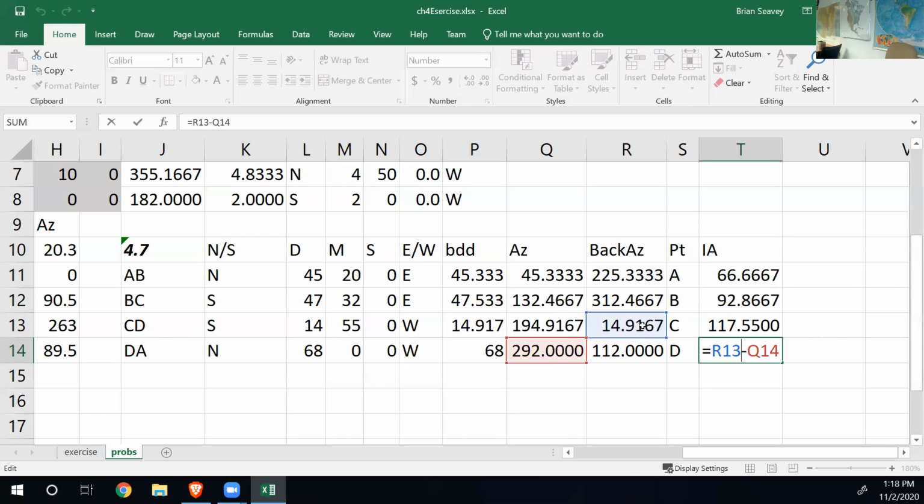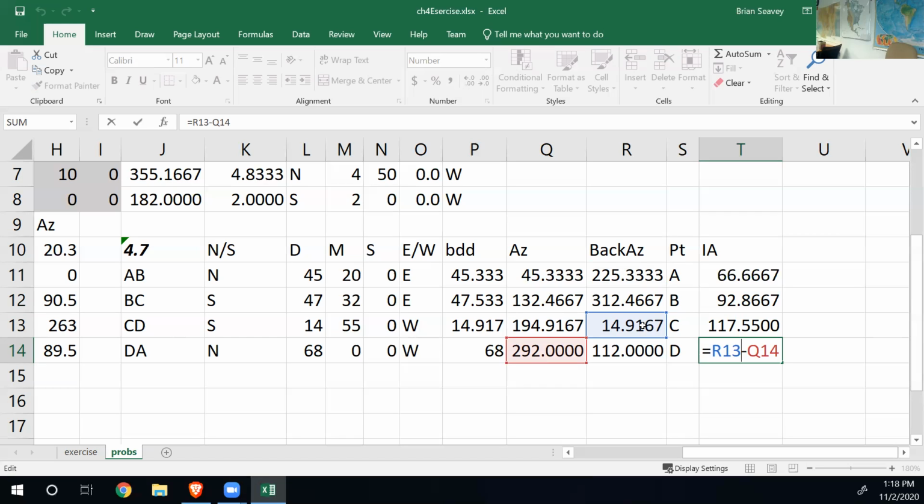So I have this azimuth of 292. And I have the back azimuth of 14, right? This is north 14, that's 14 degrees. And I'm backing up, and I get this, I subtract that. Is it really 270 degrees? Negative 270. Yeah, so I'm actually getting the outside angle, aren't I?